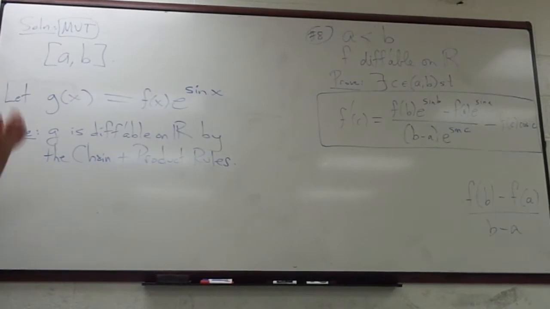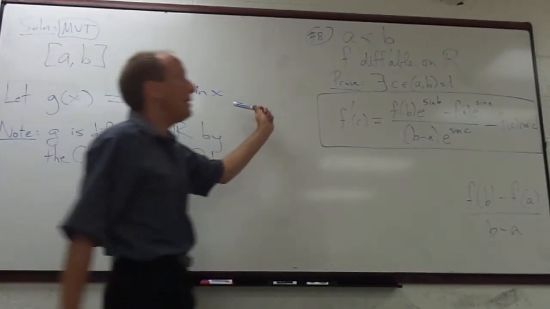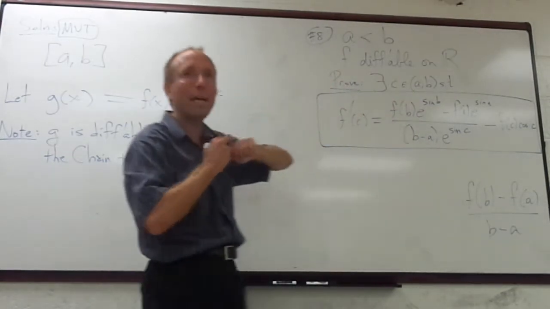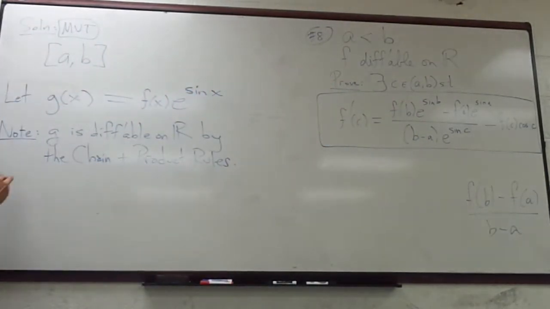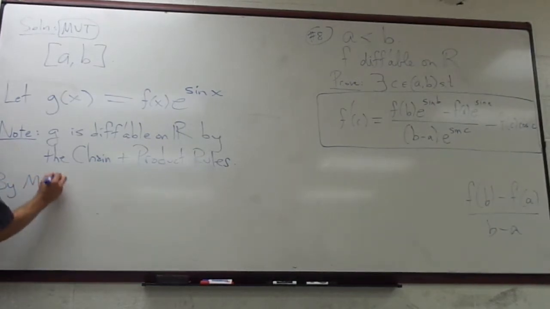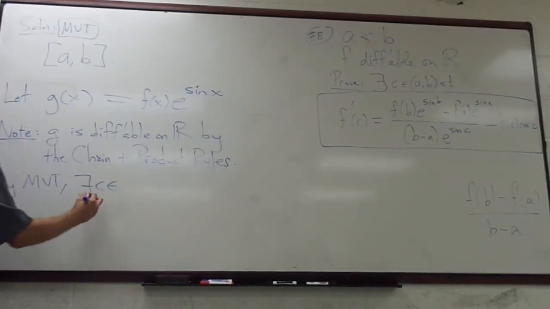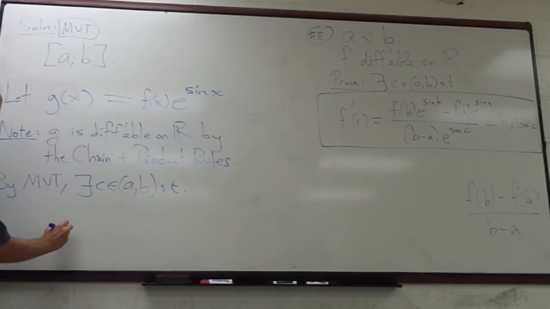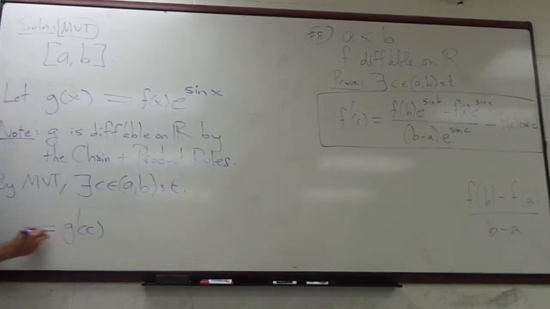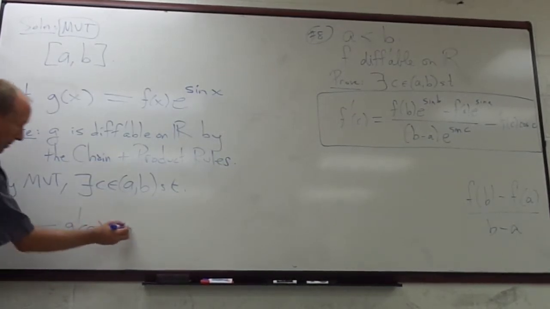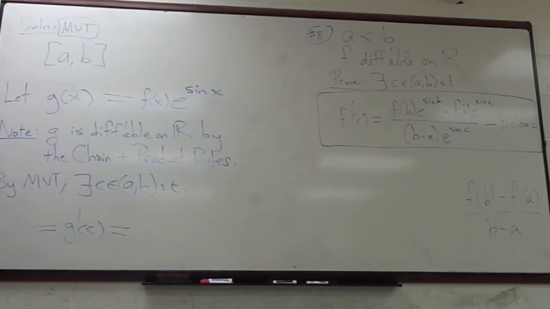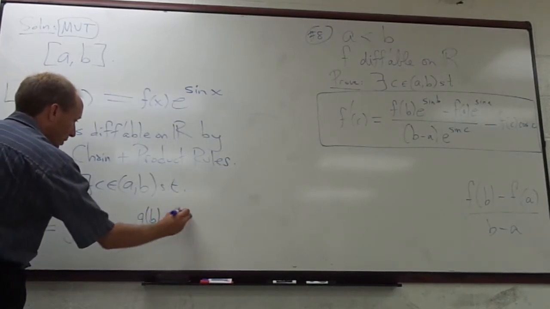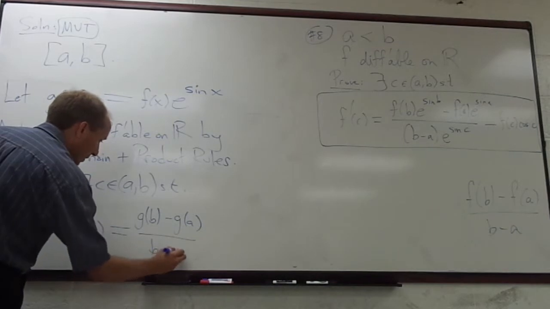Let's just see what it gives us. You're not going to necessarily see the final answer without doing a little work first, and that's okay. So we don't have to see our way all the way to the solution. So let's just say by the mean value theorem, there exists a c in the interval a to b such that g prime of c, leave a little bit of room to the left because I'm going to work to the left in a minute, is equal to g of b minus g of a all over b minus a.